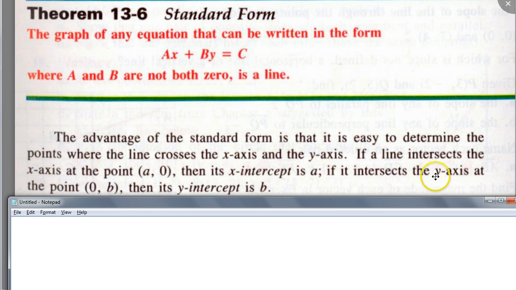If it intersects the y-axis at point 0, b, then the y-intercept is b. Do you see where they get these zeros? For the x-intercept, what has to be 0? The y-coordinate has to be 0. What about the y-intercept? The x-coordinate has to be 0. Does that make sense?